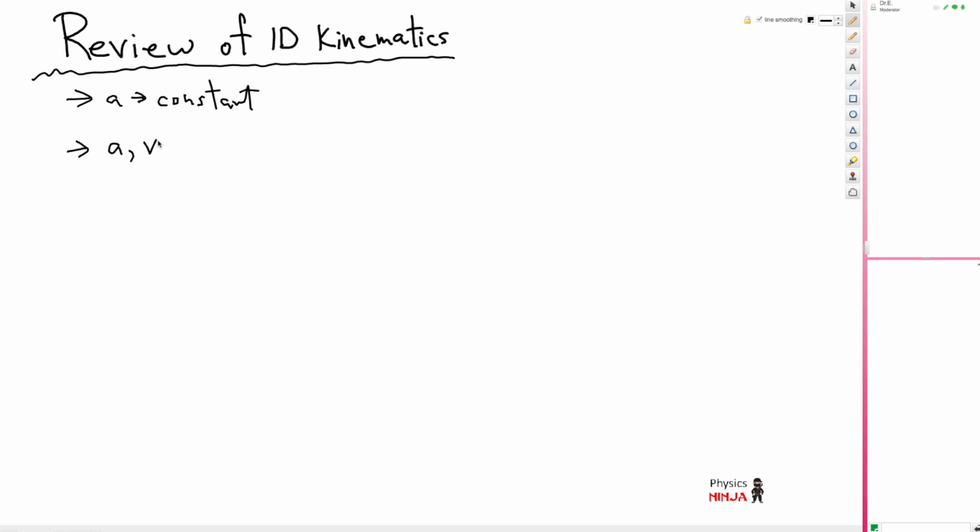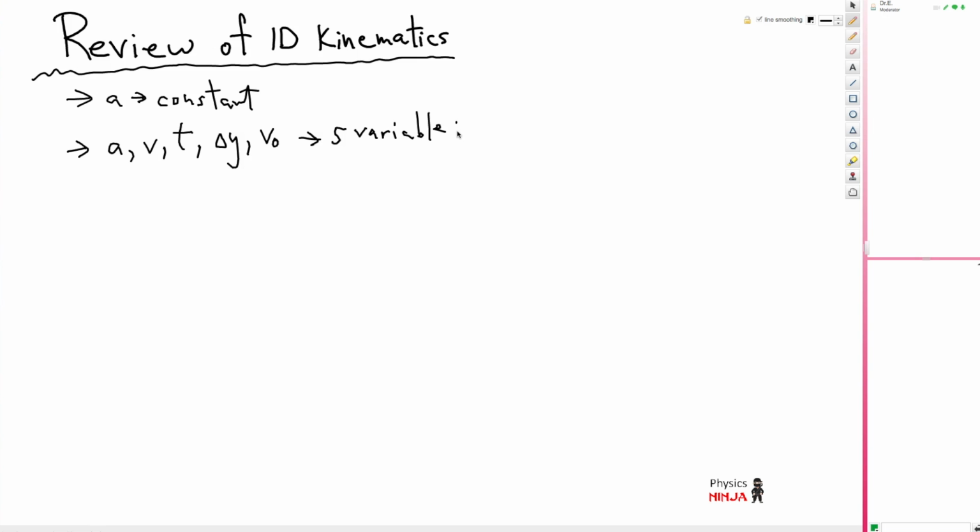I want to be able to describe the velocity. I want those expressions to involve time. I may want to describe the displacement. And I may also want to solve for what the initial velocity was. So we kind of have 5 different variables that we need to describe the motion.